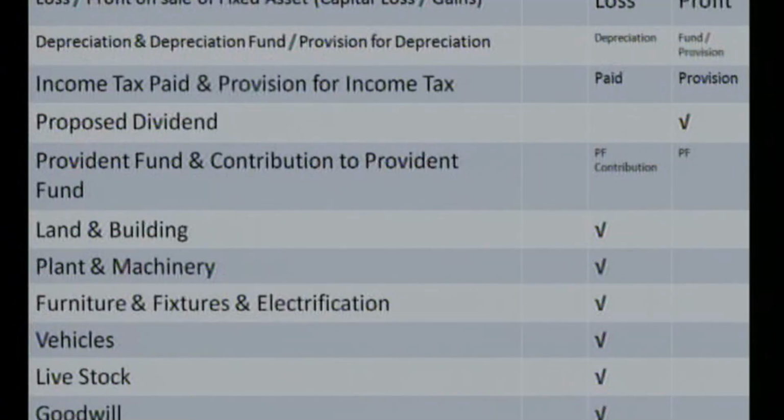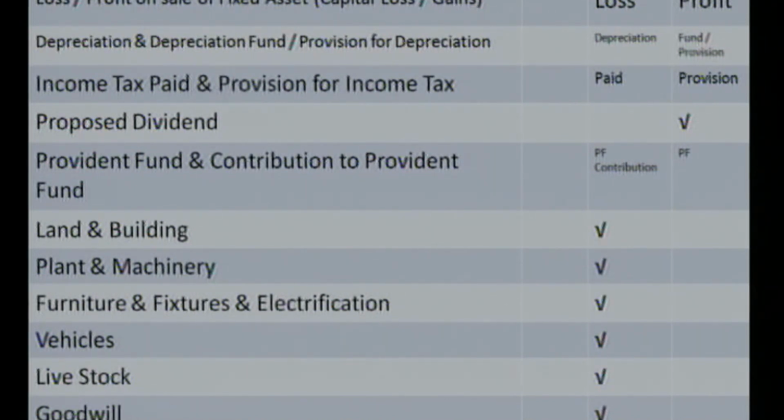Next one, again on your screen, depreciation and depreciation fund, or it is known as provision for depreciation. Again, the business has to make the provision for the depreciation on fixed assets, and they have to write off certain invisible assets over a period of time. Either the depreciation or the write-off of the invisible assets, both of them are the expenses or the losses for the business, so it bears the debit balance.